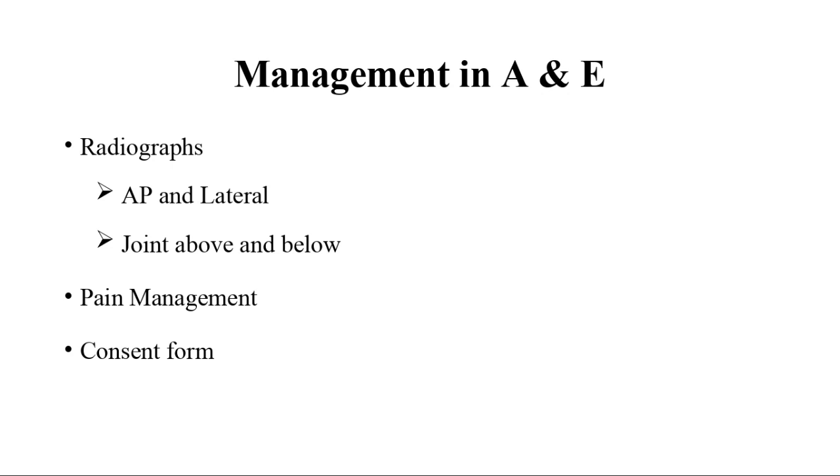Number 2: the risks and complications of the proposed surgery include, but are not confined to, the following, and discussed with the patient. You list all the possible complications. I always start off with infection, because when I make an incision, that can happen.